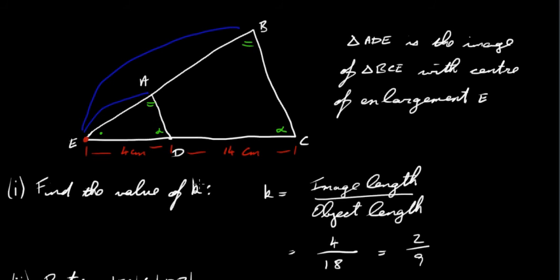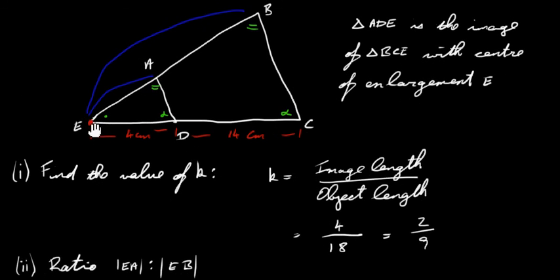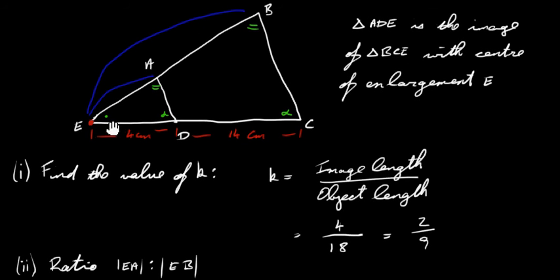So we know from what we've done in previous videos that triangles that are similar have sides that are in proportion. So we have similar triangles here. We're looking for the ratio of EA to EB. That's going to be exactly the same as this length here, ED to EC.